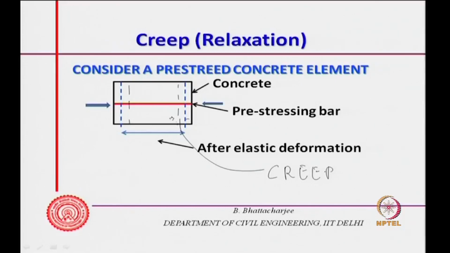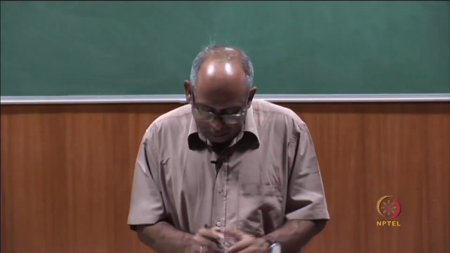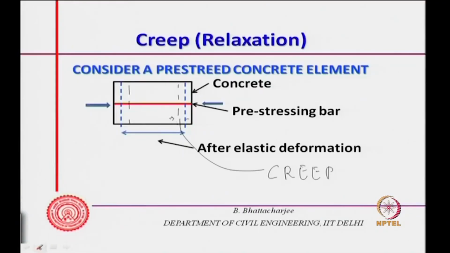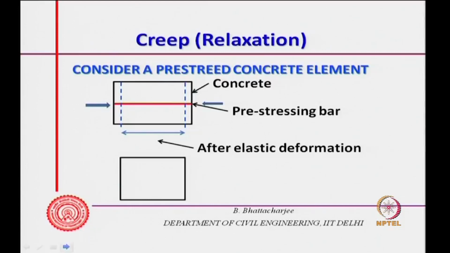Now, let us look at relaxation then. Okay, so the creep was something like this. Now, what I do is take this same specimen after elastic deformation and provide some restraint to it.